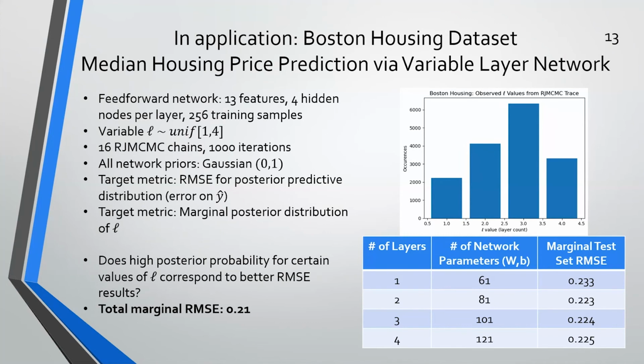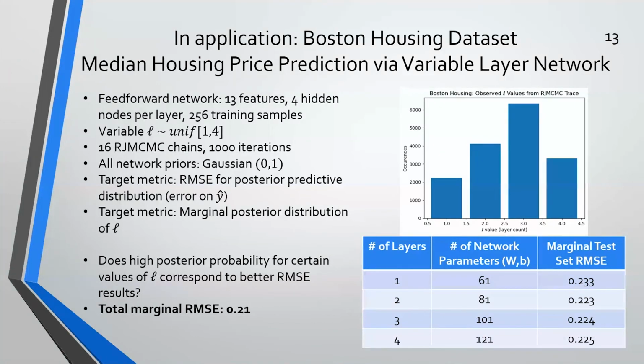I'll just end on sharing a little bit about one of the experiments I've been running on the Boston housing data set. So I've set up one of these transdimensional Bayesian neural networks with a variable number of layers to try and perform the classic regression on this rather small data set, 13 input features and a training set of 256 samples.